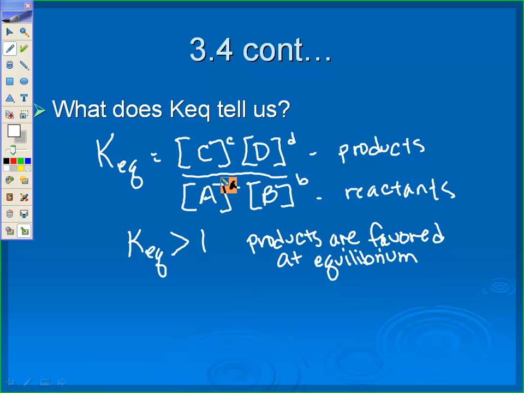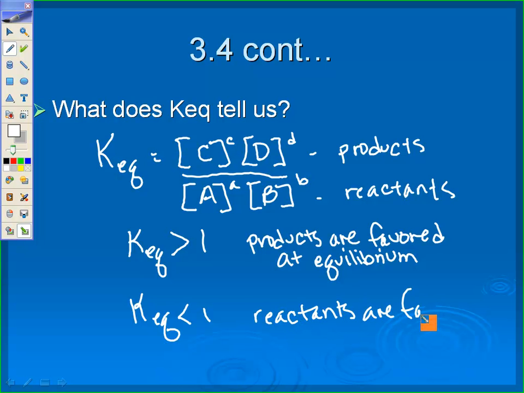So you're going to have a bigger value up here. If your KEQ is less than 1, that means your reactants are favored at equilibrium, because these product numbers are going to be smaller, your denominator is going to be bigger. So that means your reactants.